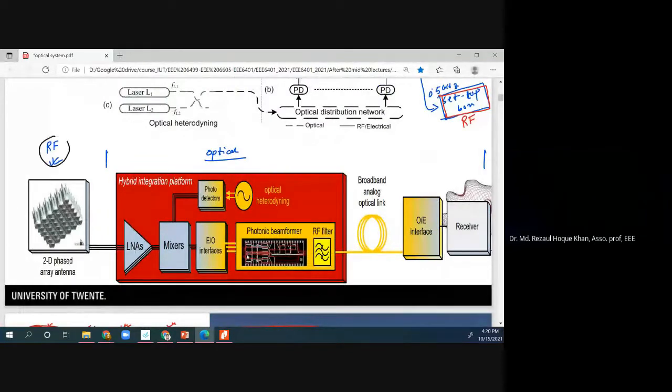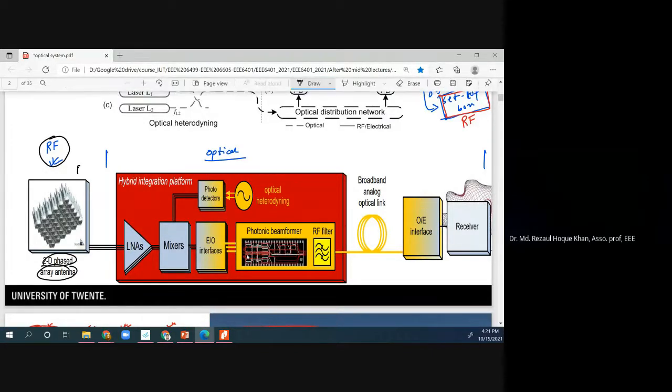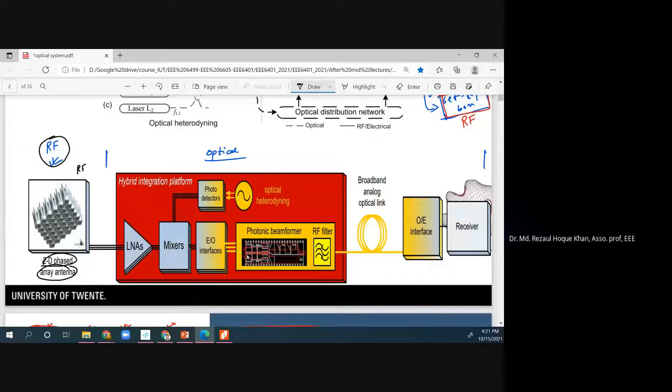From a phased array antenna, you receive the RF signal. The RF goes to the LNA, the low noise amplifier. You receive an RF signal like a satellite signal or any RF signal, and you amplify it. Is it still in RF?